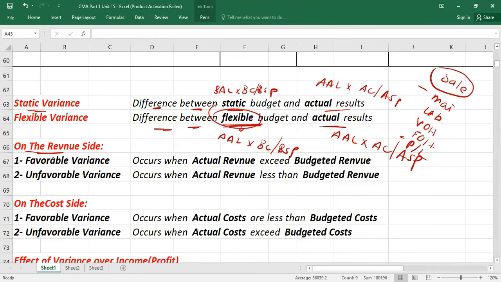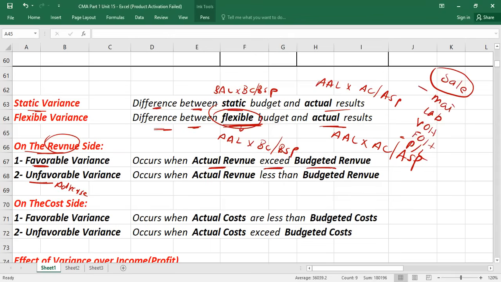Please remember, variance could be favorable and variance could be unfavorable. Unfavorable variance is also called adverse variance. So how would you know if it is favorable or unfavorable? Favorable, if I'm talking about the revenue side, sales, is when it is good for you, when your actual revenue is more than budgeted revenue.